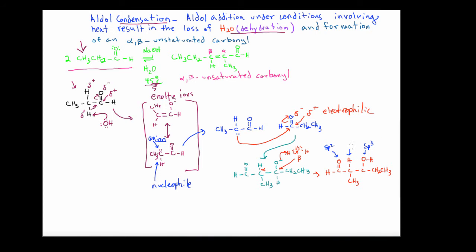So this hydrogen is acidic. Okay, so what can happen, and it's going to be more likely to happen when you're heating this reaction because of the extra kinetic energy that's being introduced into this system.